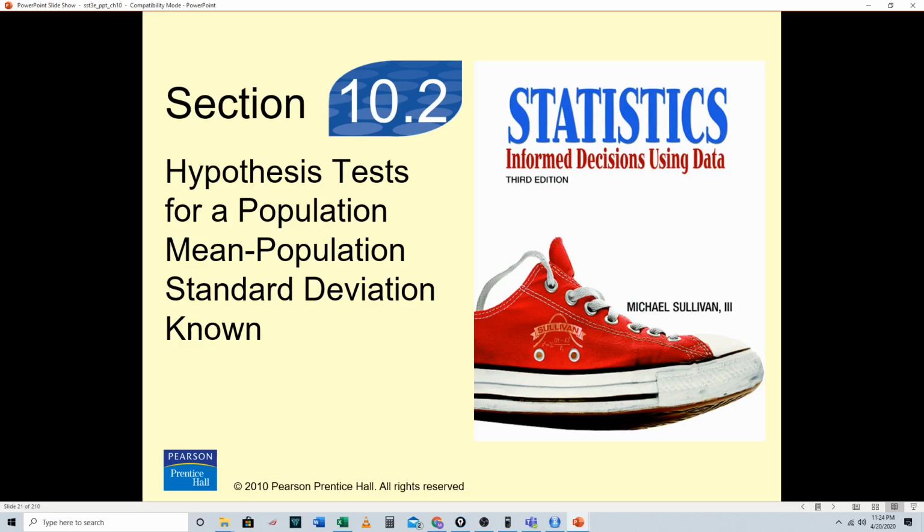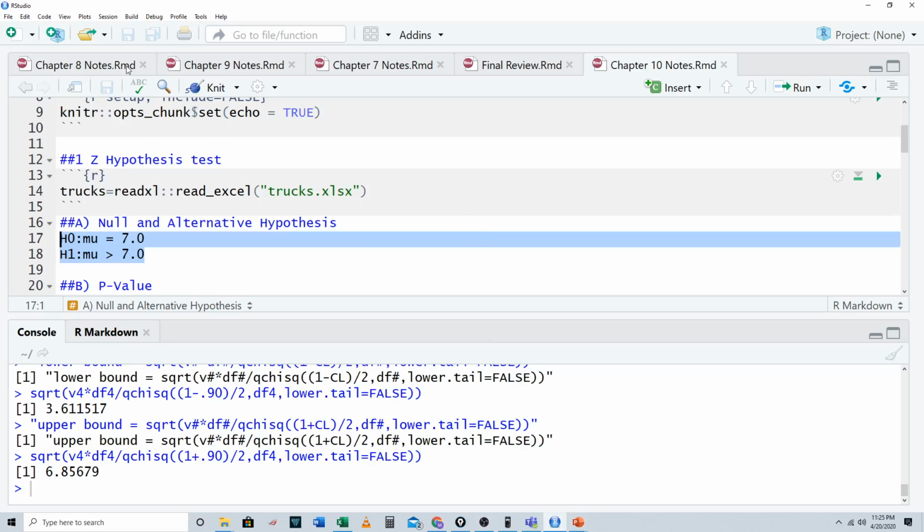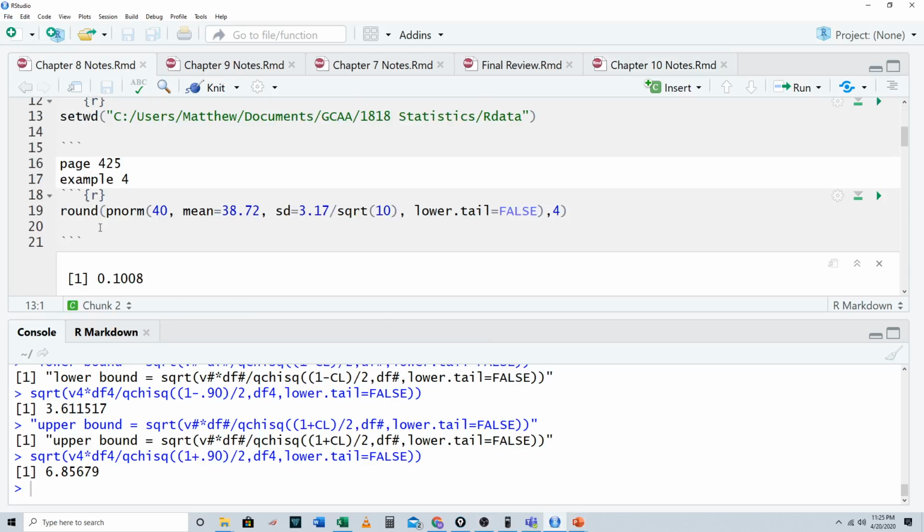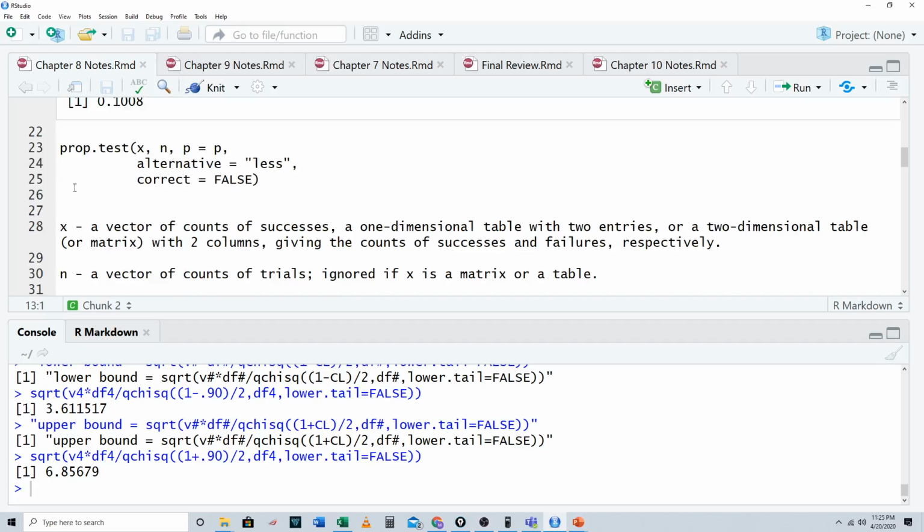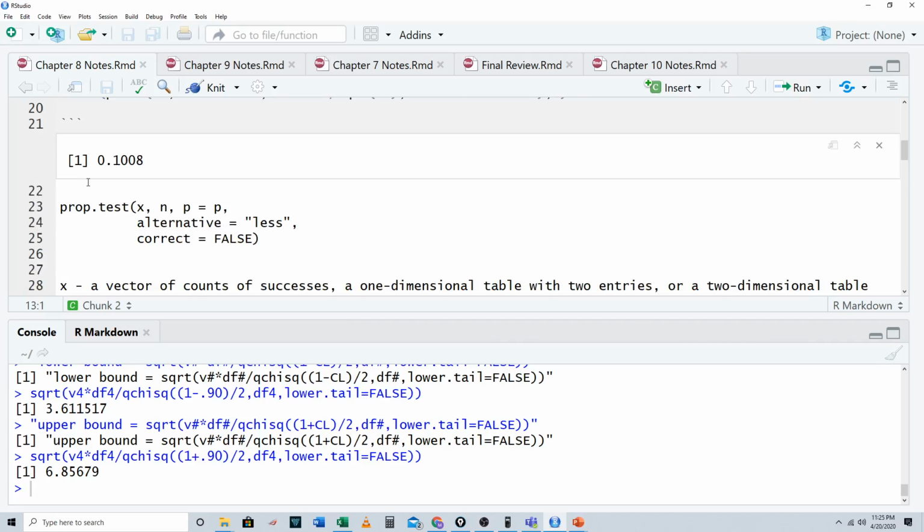Remember chapter 8, which was sampling distribution and t-distribution, finding probability, probability for proportions, probability for mu if we knew what the standard deviation was, or probability for mu if we don't know the standard deviation. So again, if you remember chapter 8, back here. Probability, proportion test.